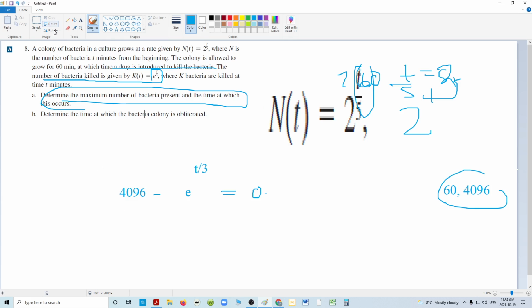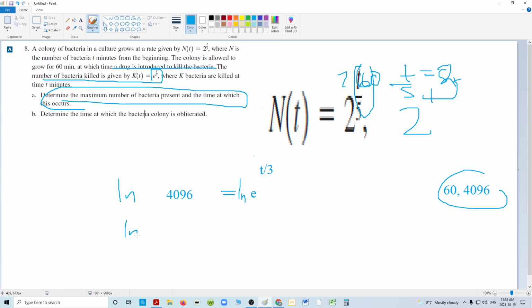Rearranging it's just as I said. If we add e to the t over 3 to that side, this will occur when e to the t over 3 is equal to the bacteria when it was introduced. So when it can kill all of these with this growth curve is when the bacteria will reach 0. Well, we can take a ln of both sides.